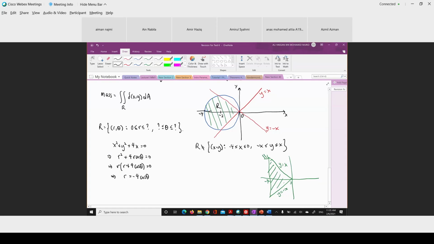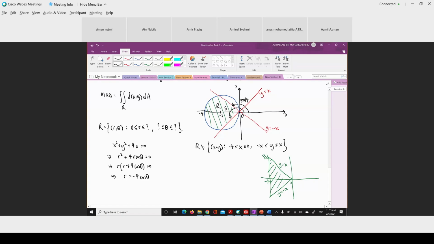Now theta is between what and what? What is this angle here? Theta is from this angle up to this angle. This angle here is 3 pi over 4, right? And this one is 5 pi over 4.